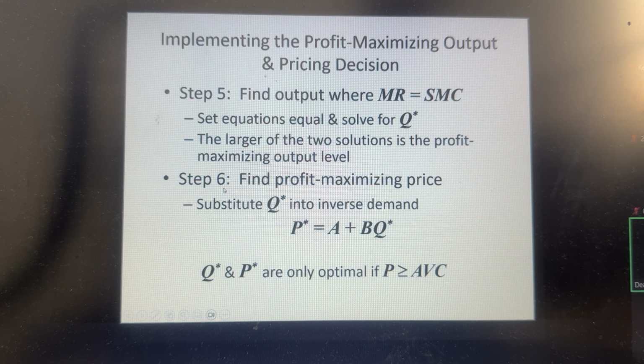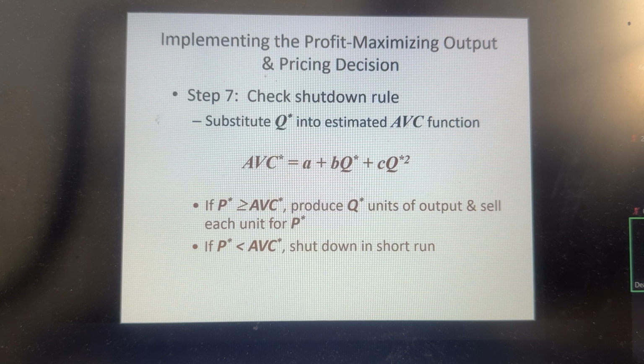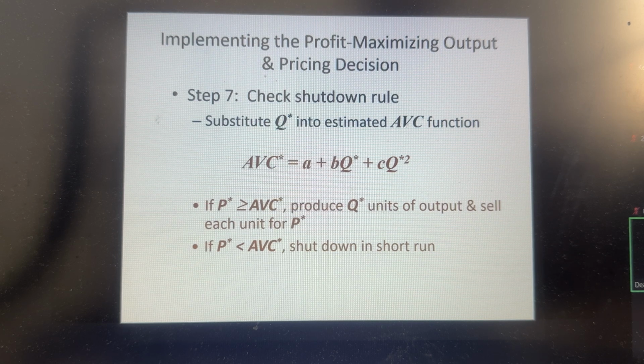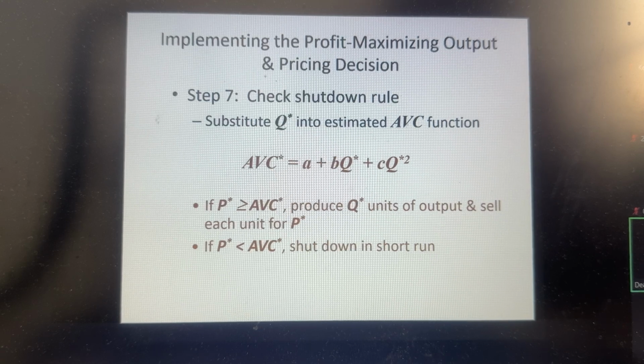And number 6, profit. In order to get the profit, you find TR and TC and see whether the firm is making profit or loss, and then the shutdown rule. Check whether price is above, equal or below the minimum AVC. If price is above minimum AVC, you stay in the business.